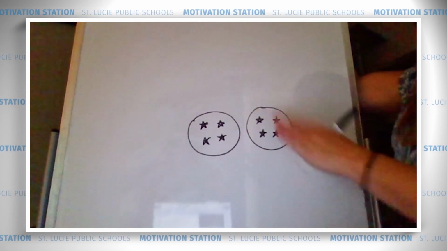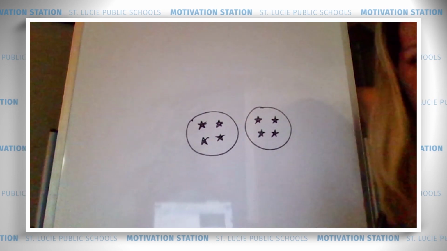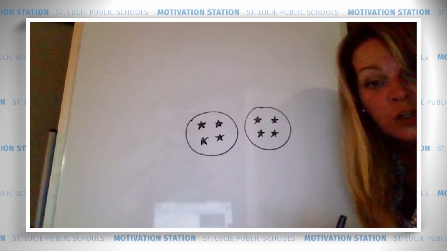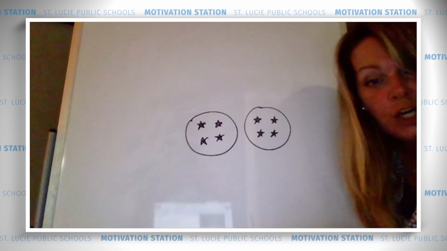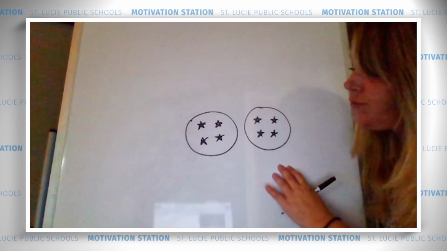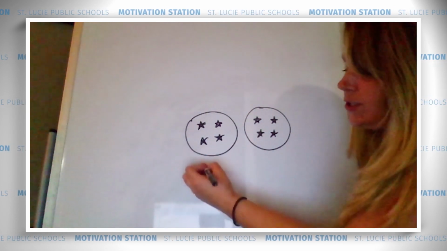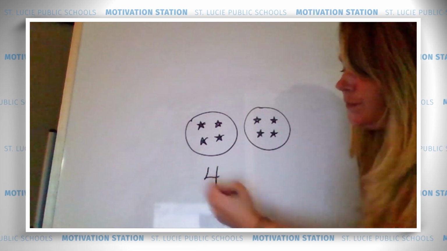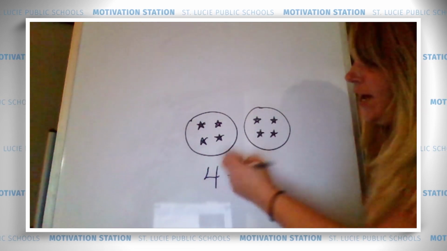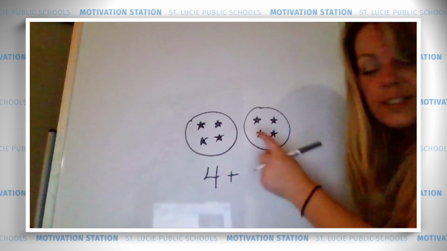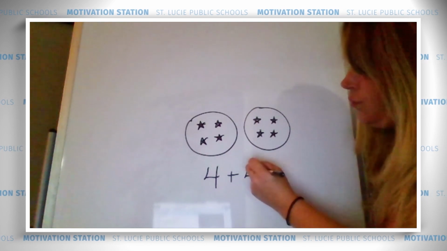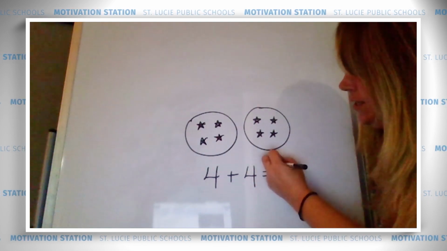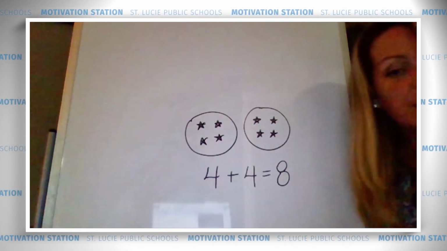All right, so on the first day, we said we could write 2 different equations, that we could write an addition equation and a multiplication equation. So an addition equation for this would be how many stars in the first circle? 4. And I'm going to add how many stars in the next circle? 4. So we get 4 stars plus 4 stars equals 8 stars.